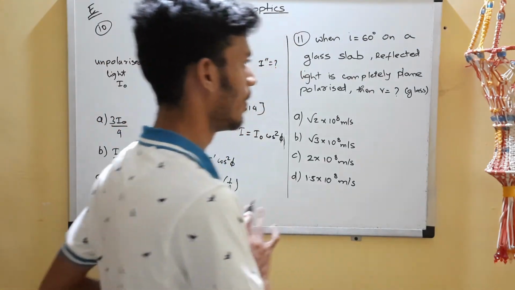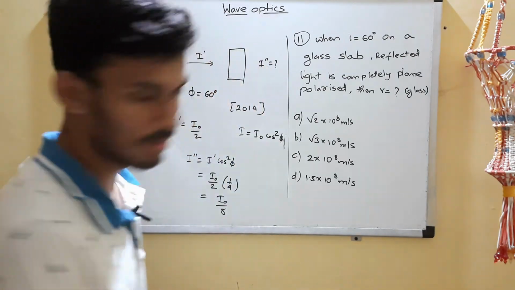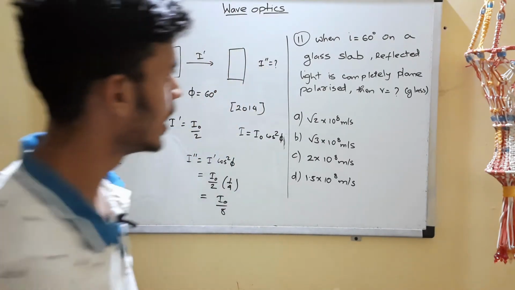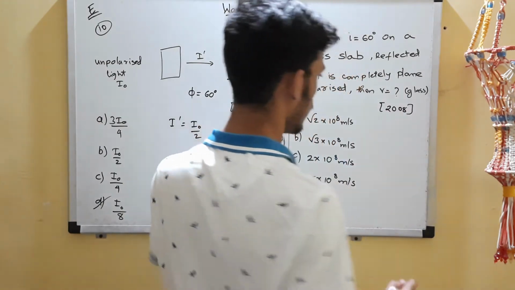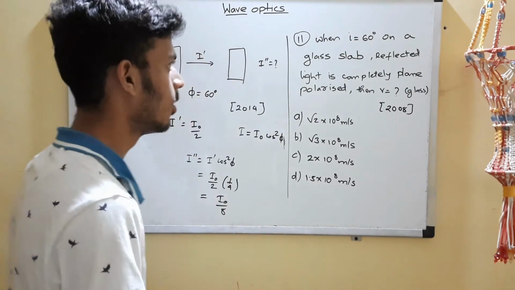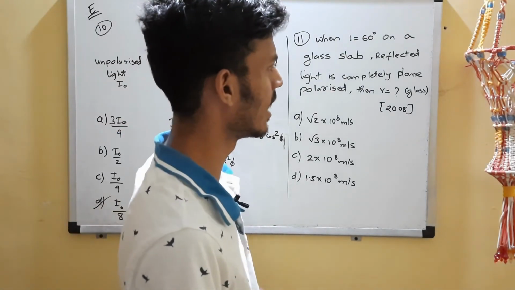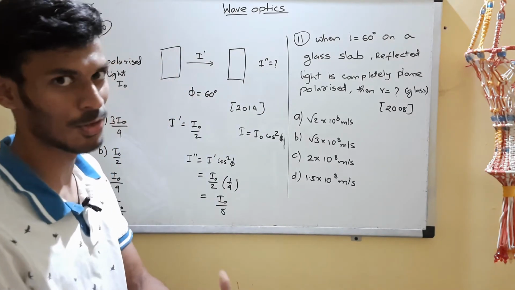Now that was a simple application of Malus law, right? Let's come to question number 11 over here. It's from 2008. Again, a question on polarization, specifically polarization by reflection, Brewster's angle.